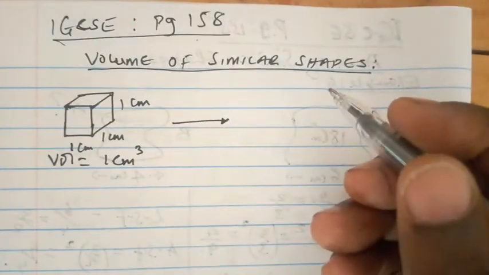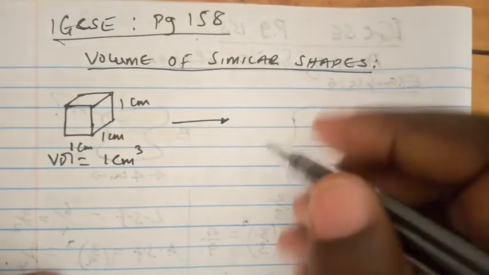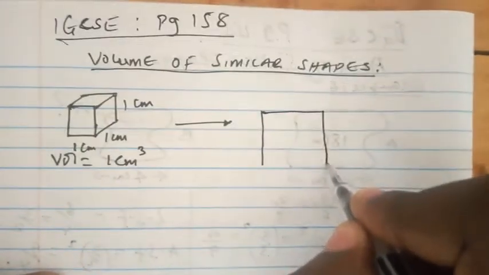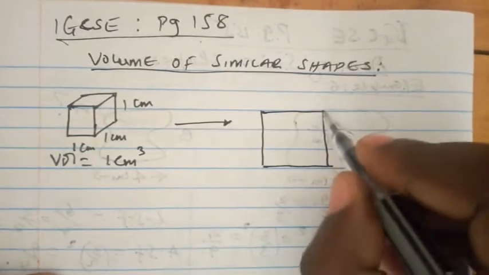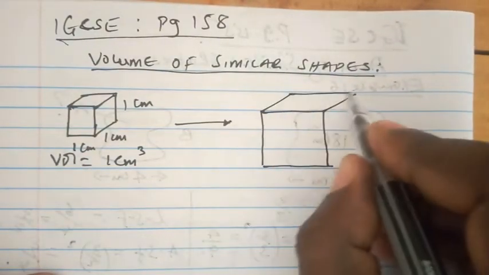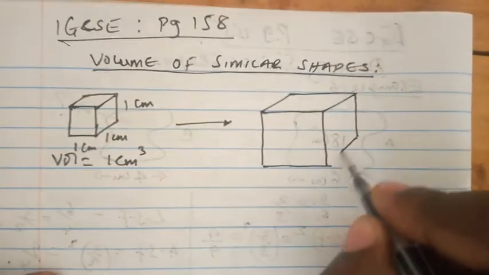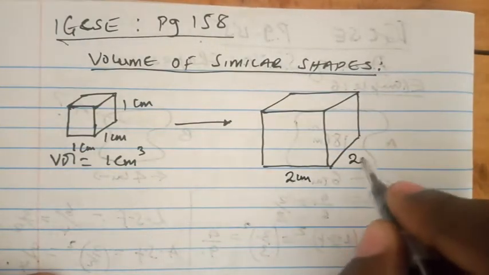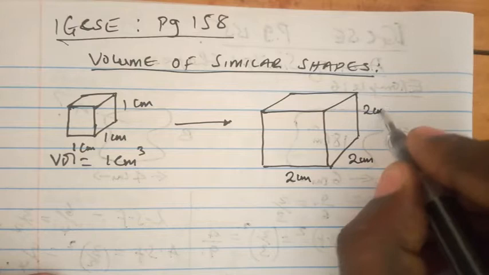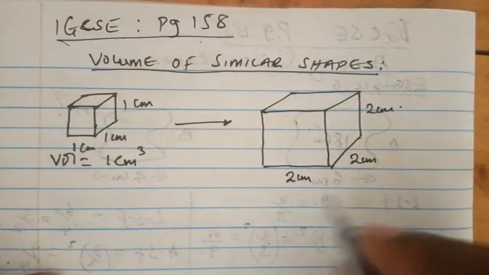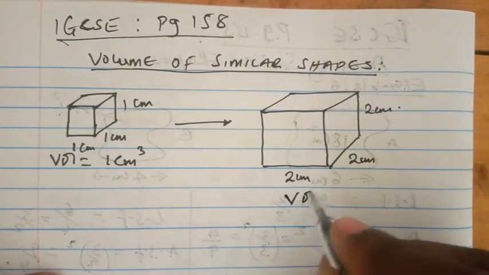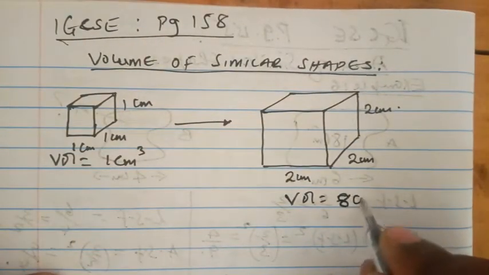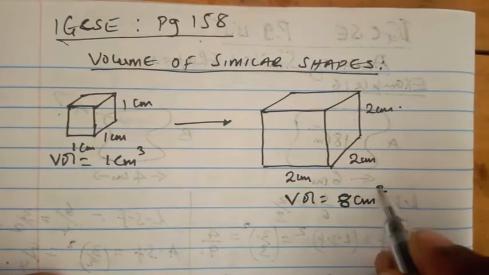If we double the dimensions correspondingly, you will have now this cuboid being enlarged. That is the word, is being enlarged proportionally. This is 2 centimeter, 2 centimeter, and 2 centimeter. And the volume here is 2 times 2 times 2, which is 8 centimeter cubed.